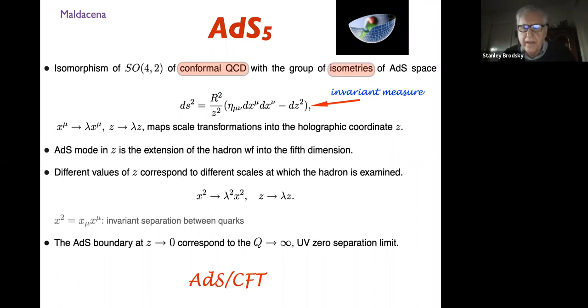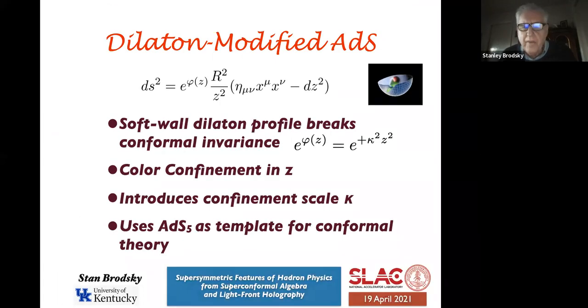And it's because of the symmetries of AdS space with conformal QCD. Then you modify the action with e to the plus kappa squared z squared. This is called the dilaton modification. And then it leads to color confinement in the 5th dimension. So it introduces a mass scale kappa and so on. And so this is really a template for conformal theory and then how it breaks.